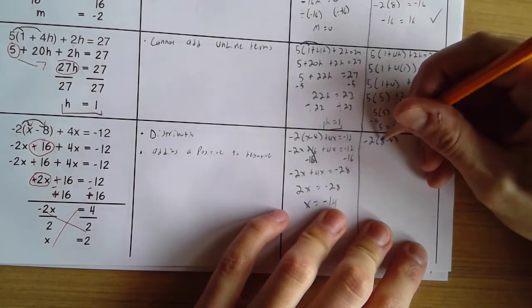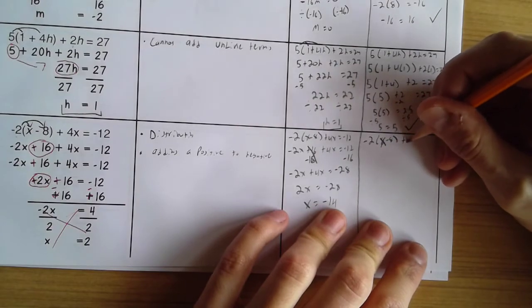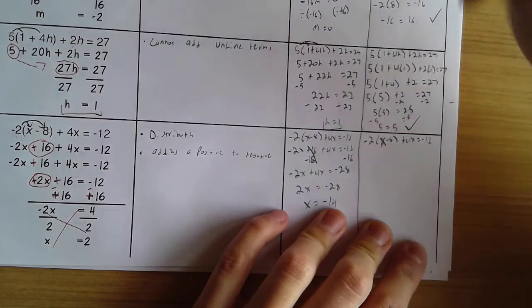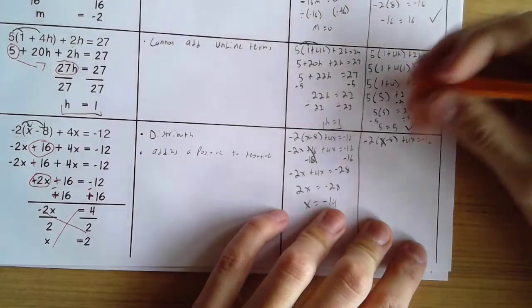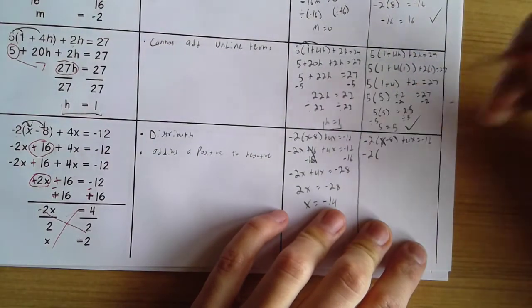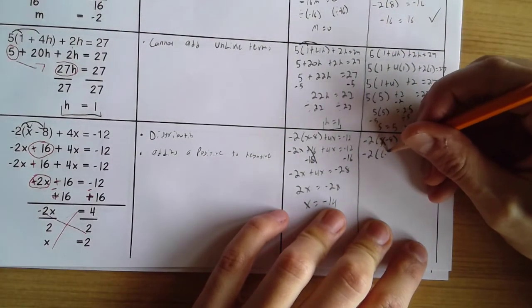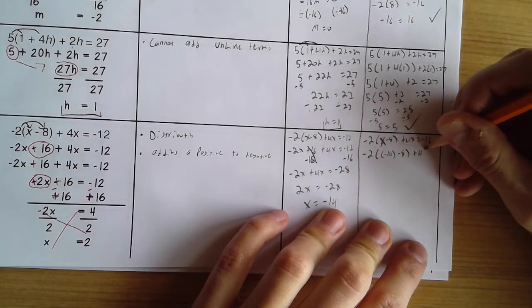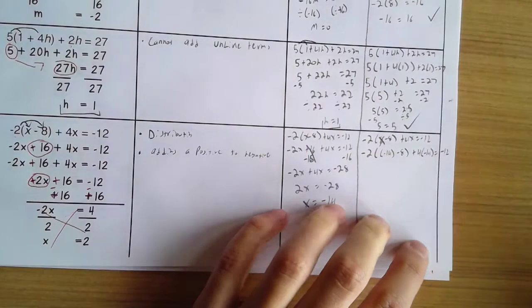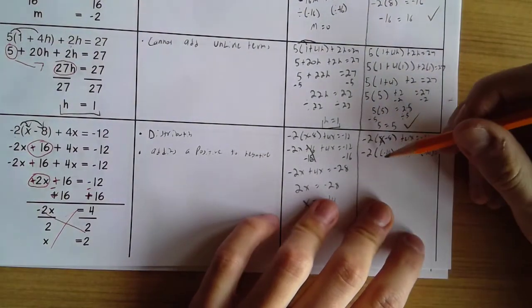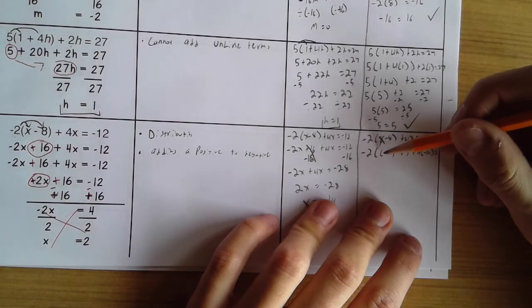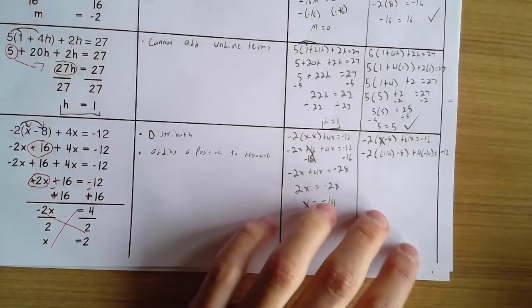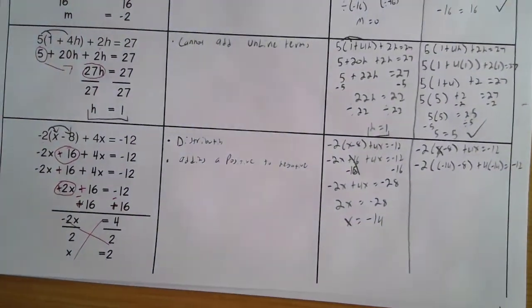That is going to be negative 2x minus 8 plus 4x equals negative 12. So now it's going to become a negative 2, negative 14 minus 8 plus 4, negative 14 equals negative 12. And again, this is where it's very helpful to show all of your work because negative 14 is going to make our answer a little more messy than we've seen before.